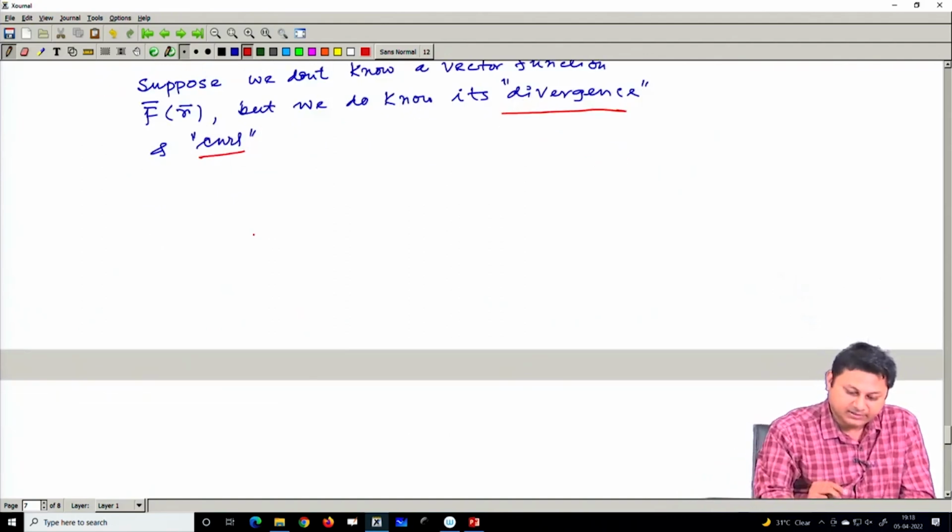So, let me write it here clearly. What it is saying is that this function as a whole is unknown.